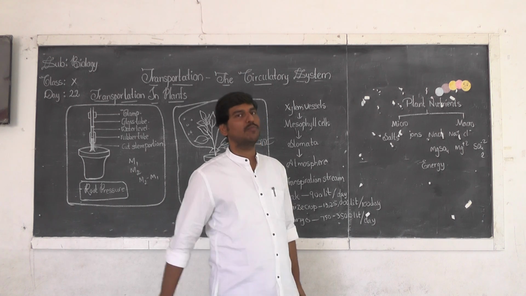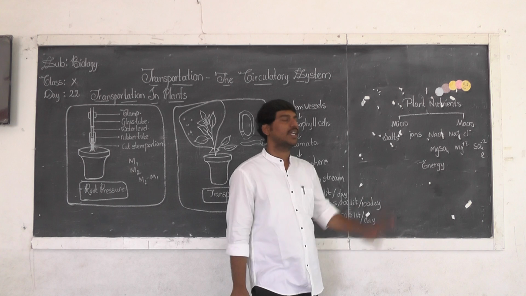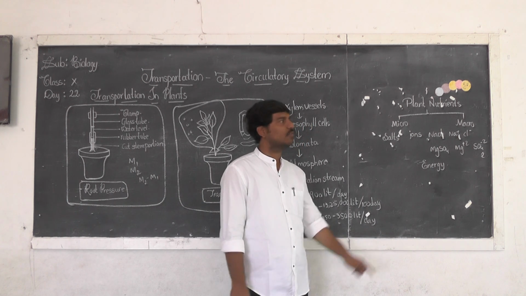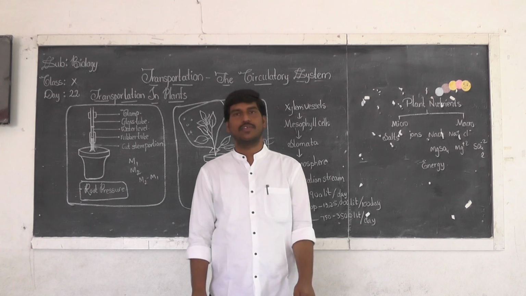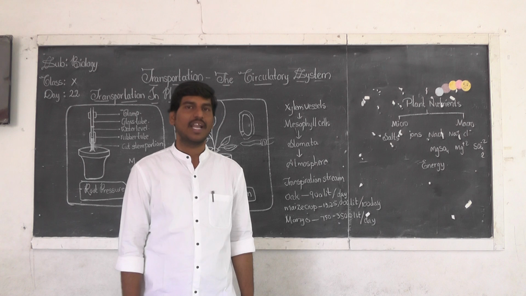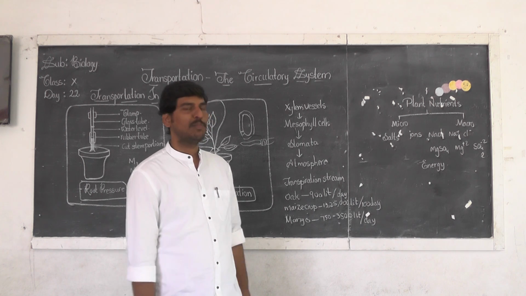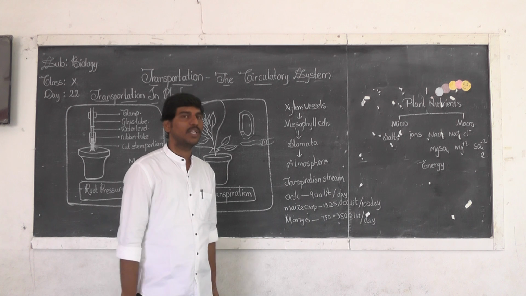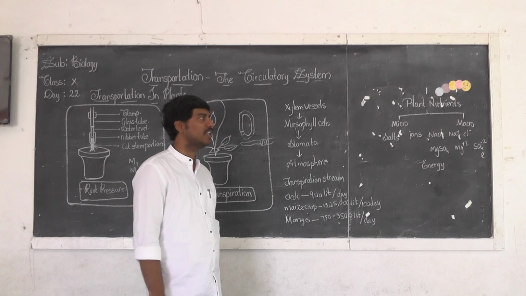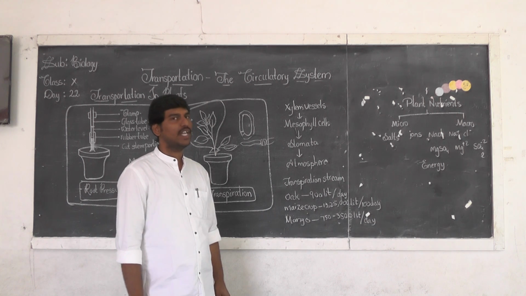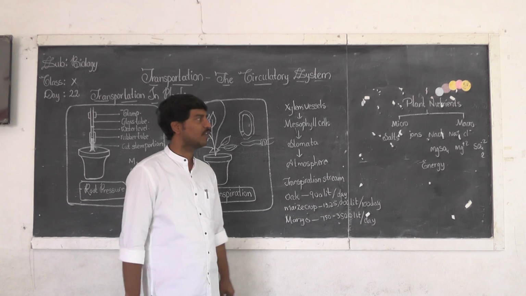The nutrients which are required in lesser quantity are called micronutrients, and the nutrients which are required in larger quantities are called macronutrients. You have studied in detail about these nutrients in your class 9, right? About macronutrients and also micronutrients, right? I hope you remember NPK, right? These are called macronutrients which are required in larger quantities, whereas the remaining elements are required in smaller quantities.